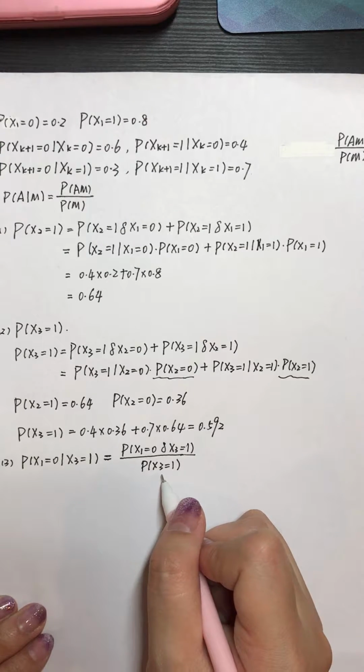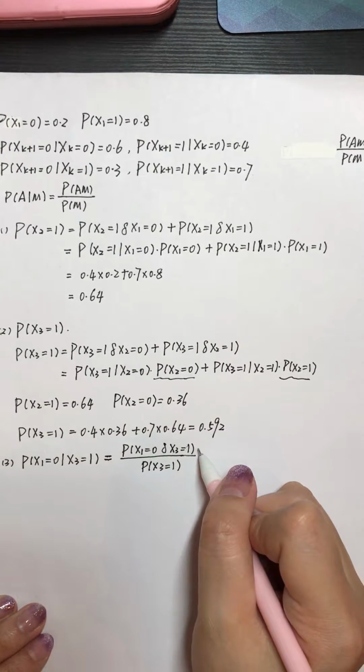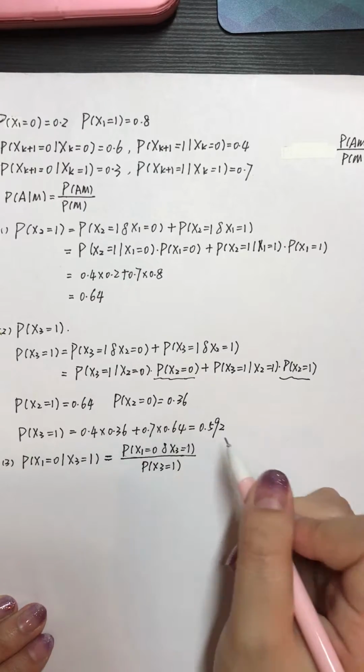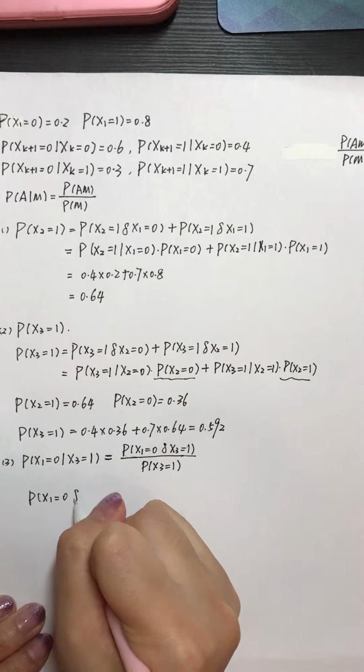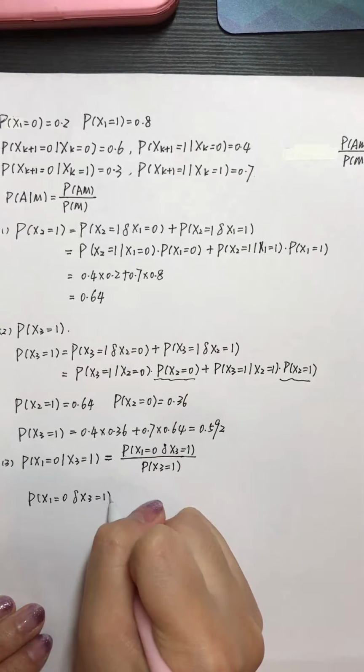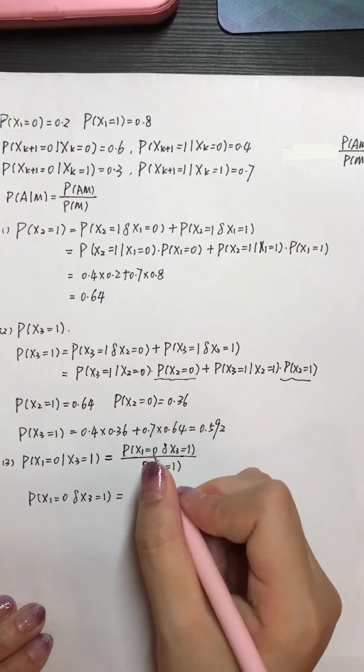We have just gotten this one. So the problem is to solve the probability of x1 equals 0 and x3 equals 1, which can be gotten by this.